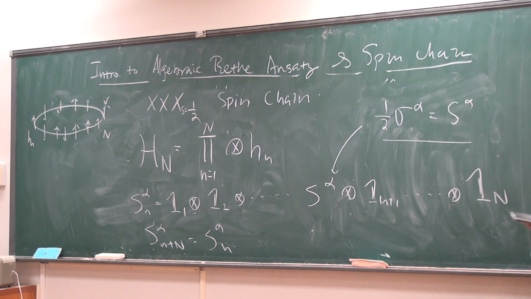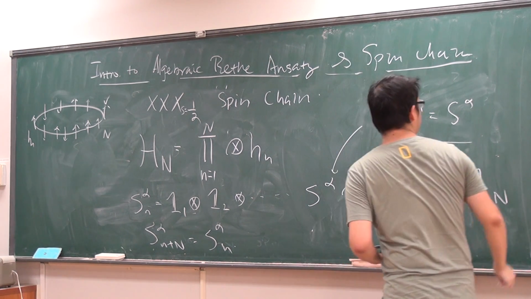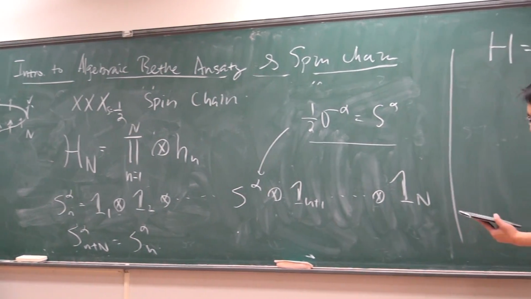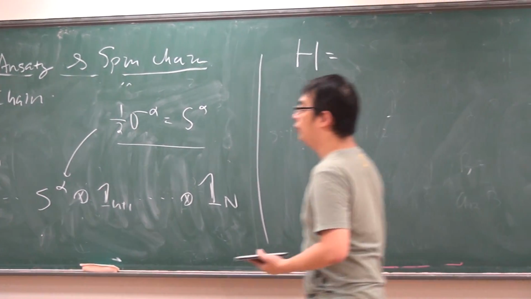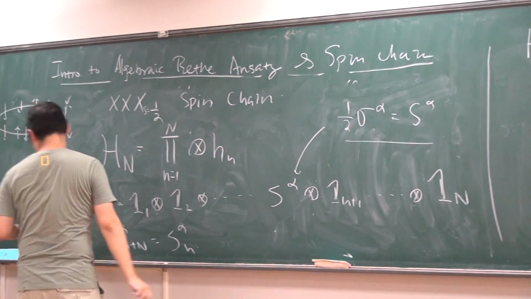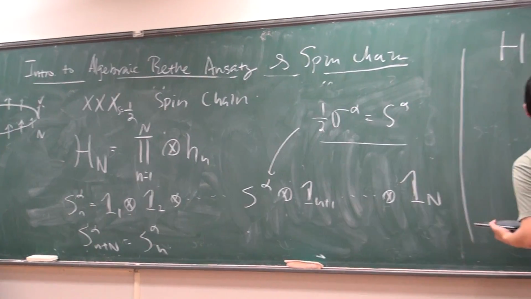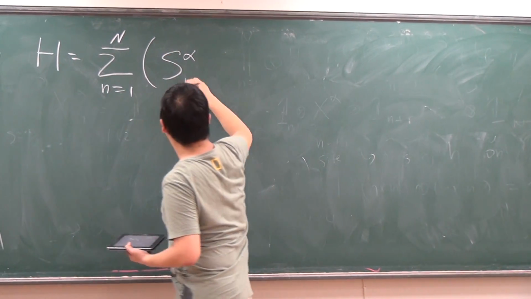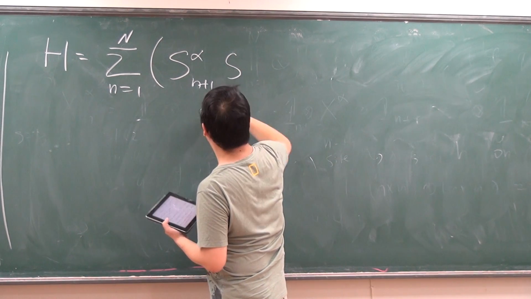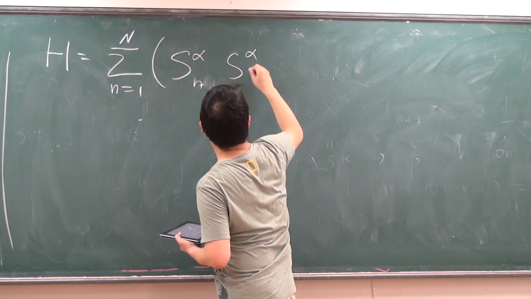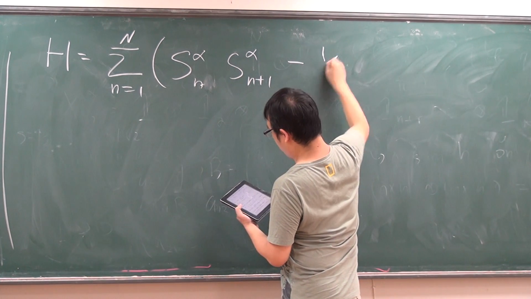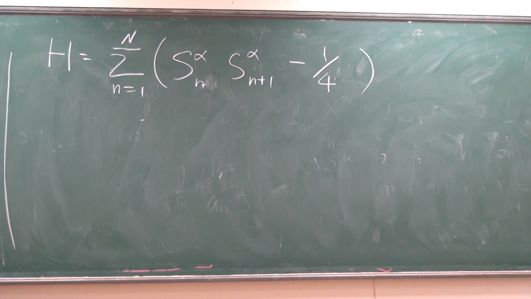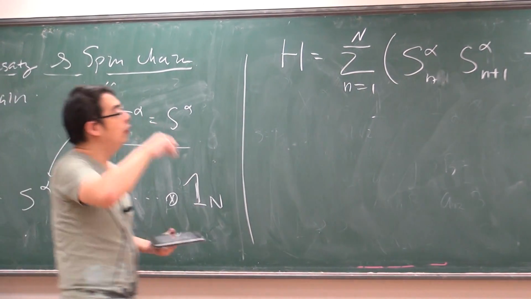Okay. So there are a few important observables. The first one is, of course, the Hamiltonian, which is describing the system. And that is simply given by the sum from n equals 1 to capital N of S alpha n S alpha n plus 1 minus a quarter.